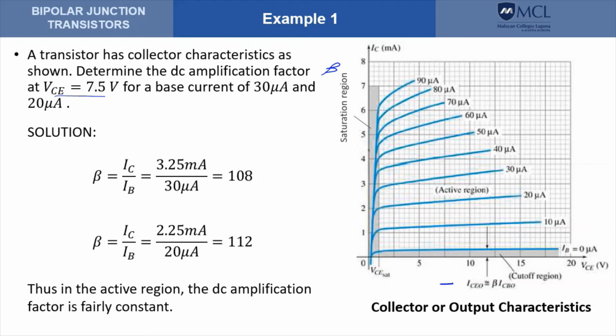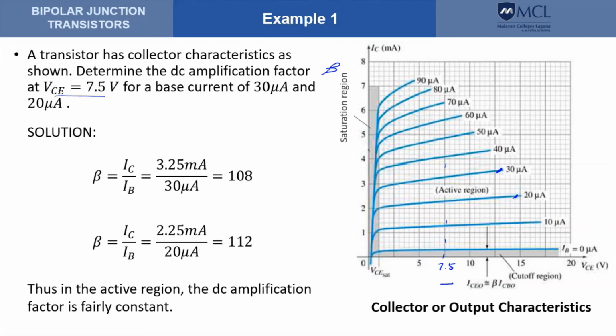So that would be in this line here. This is 7.5 volts for a base current of 30 microamperes, so that would be this curve here, and 20 microamperes, so that would be this curve here.